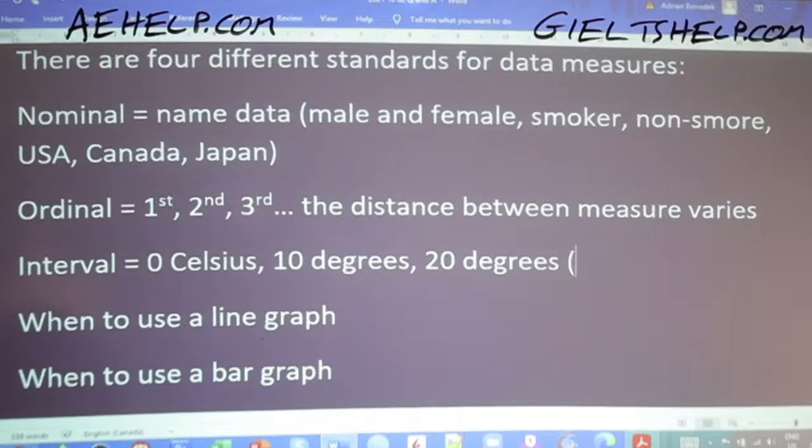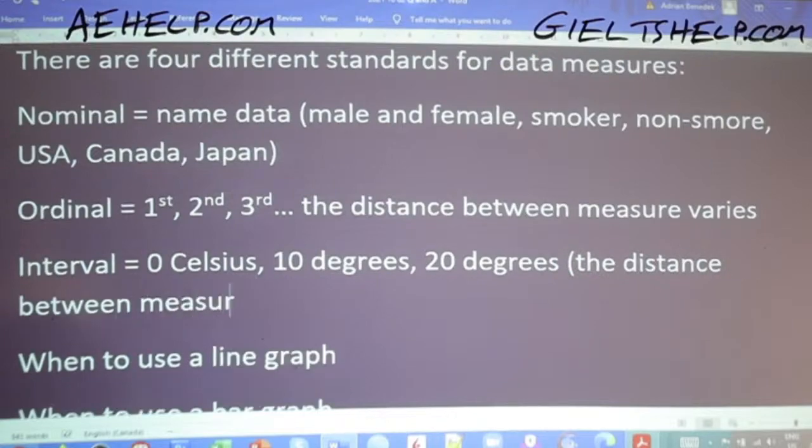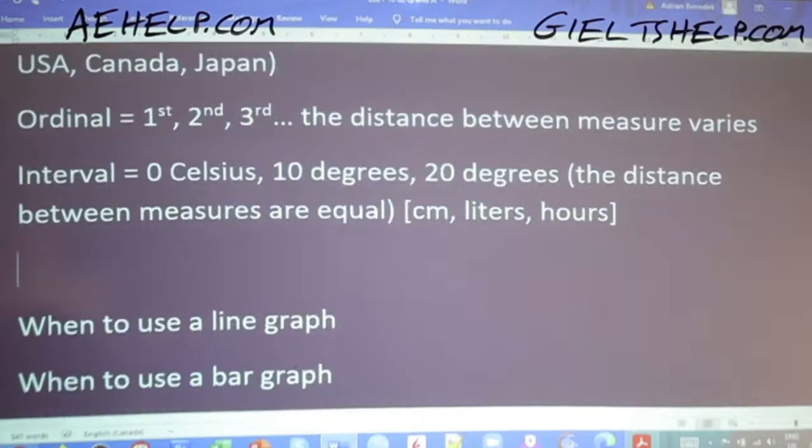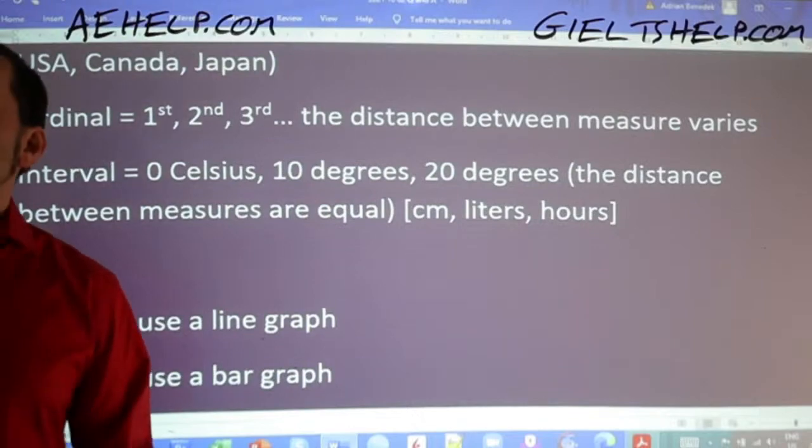That's where the distance between measures is equal. Other examples of this would be centimeters, liters, hours. Those would also fall into the interval category. It's the most common.